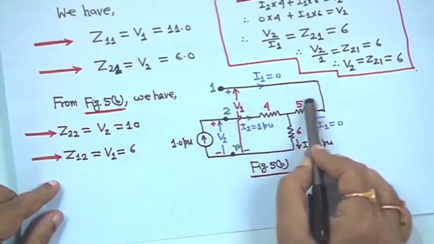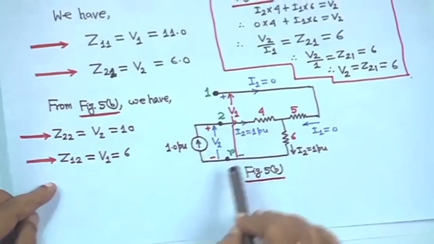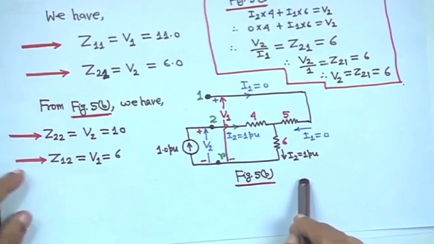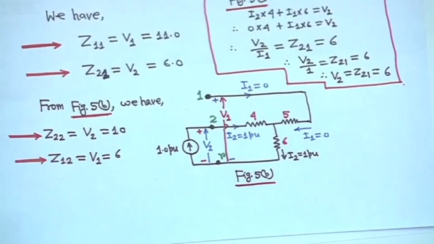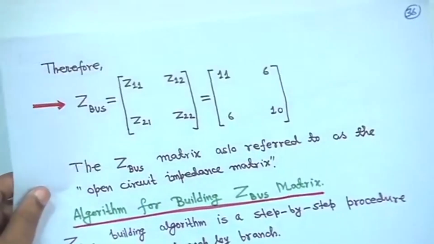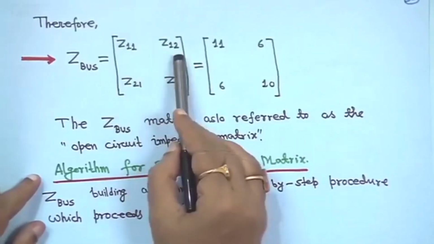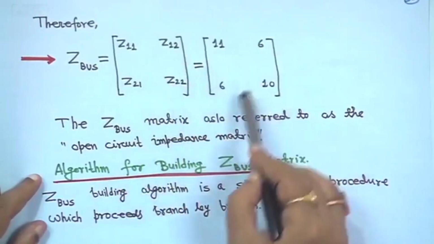Once you put KVL in this loop and another one here, everything is given. That means Z11, Z12, Z21, Z22, you have got. So, this is the current injection method. So, Zbus is equal to Z11, Z12, Z21, Z22, which is equal to 11, 6, 6, 10.